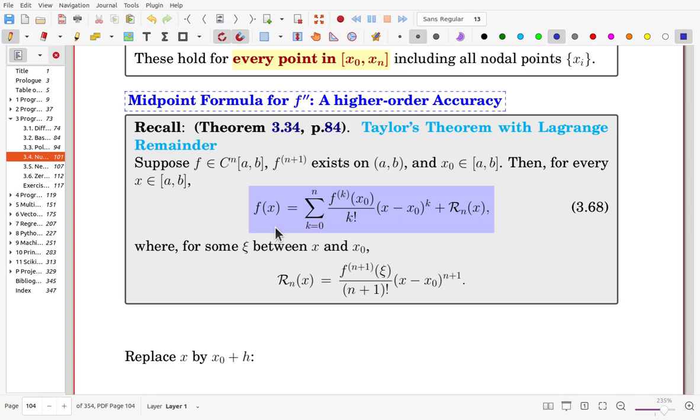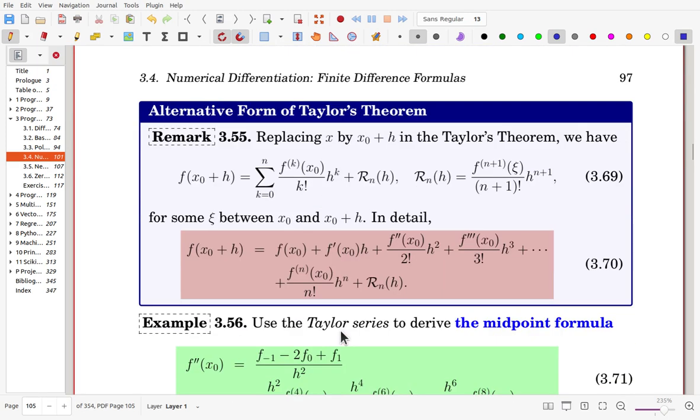Once h is positive, then it will be the right side of x0. If h is negative, then it is the left-hand side of x0. So we are replacing x by x0 plus h in the Taylor theorem, and we have this formula.